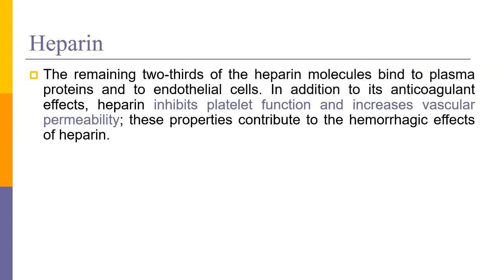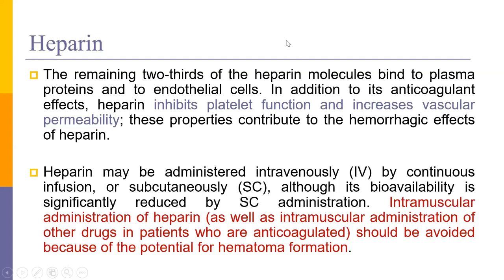In addition to its anticoagulant effects, heparin inhibits platelet function and increases vascular permeability. These effects of heparin are from the 1/3 binding to the antithrombin, and the 2/3 binding to the plasma proteins and to the endothelial cells.